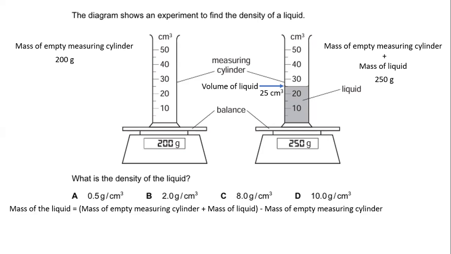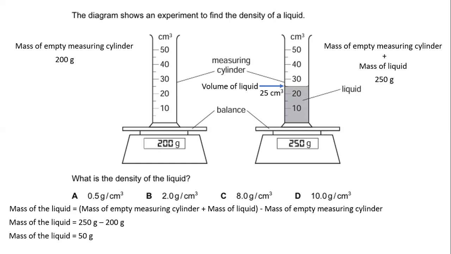So the mass of the liquid is equal to the mass of the empty measuring cylinder plus liquid, which is 250 grams, minus the mass of the empty measuring cylinder, which is 200 grams.